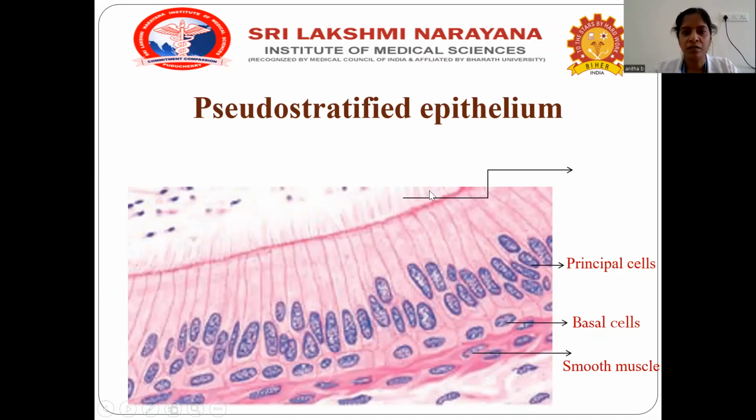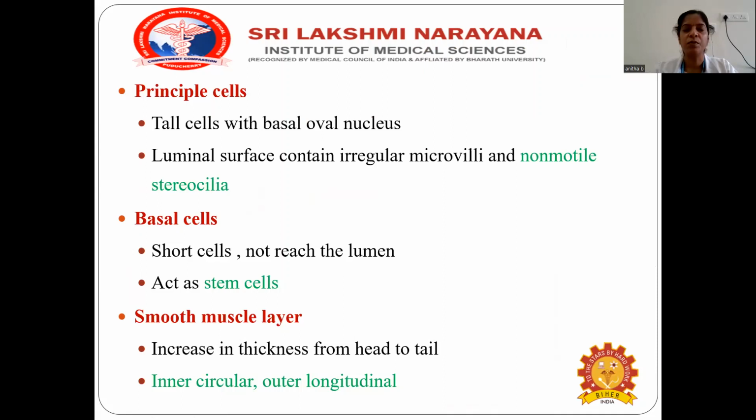Then the stereocilia you already know. So these are the features you can see in each duct cell. Principal cells are tall cells with a basal nucleus. The principal cells only are near the lumen, with irregular microvilli and also non-motile stereocilia.